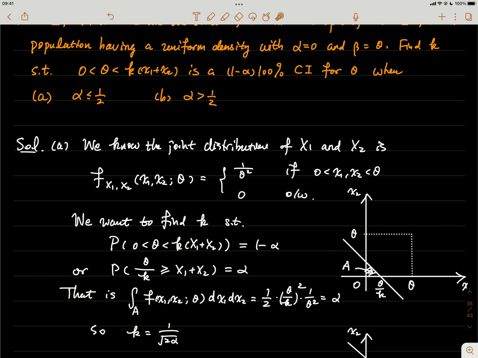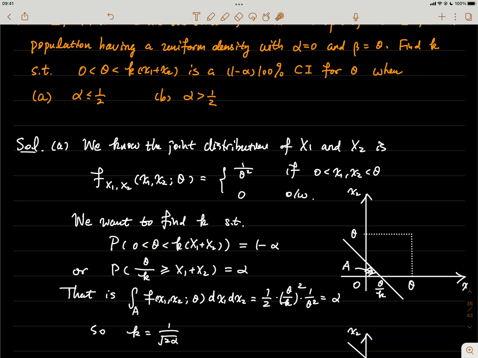Now x1 plus x2 equal to theta over k is this line, so less than or equal to theta over k is everything below this line. But it has to be inside this square as well. So this part is where x1 and x2 can live.